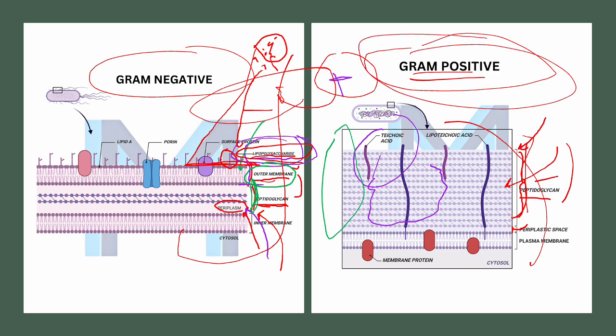Some gram-negatives could be E. coli or Salmonella or Pseudomonas aeruginosa. That's a gram-negative. And you have probably heard of these names before. You've heard, oh, somebody has caught Salmonella, or the person has been diagnosed with E. coli or Staphylococcus or whatever.